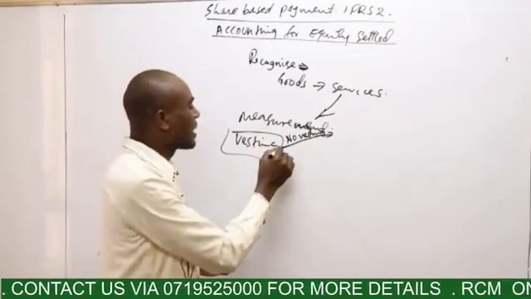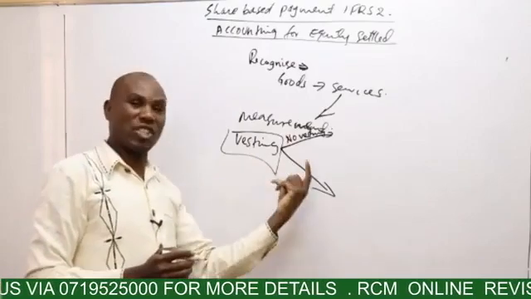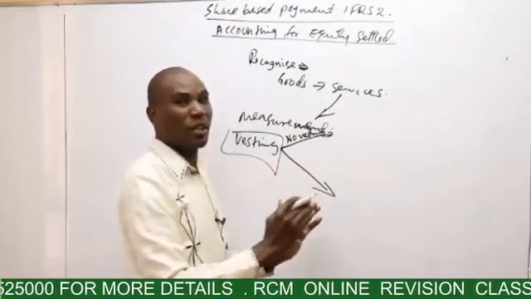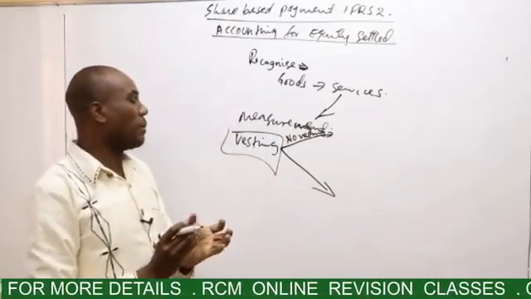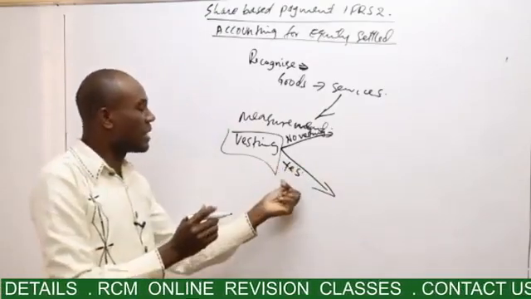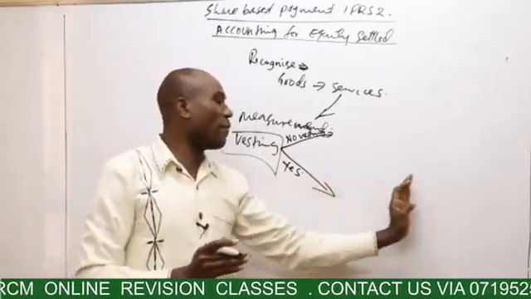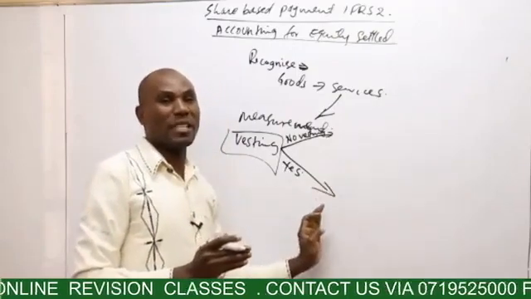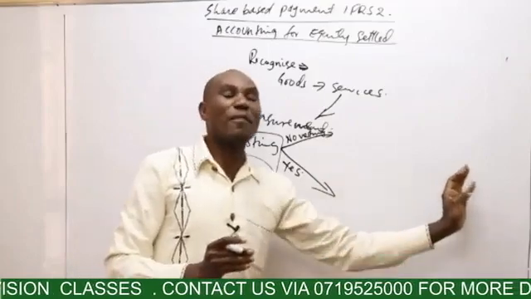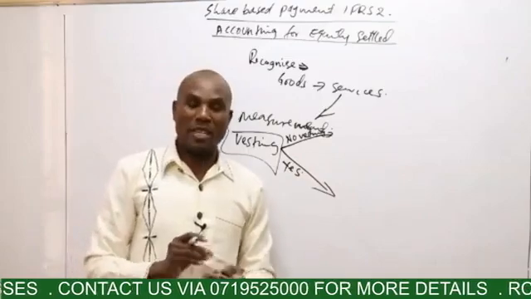But if there is any vesting condition attached to this transaction, then we recognize it over the vesting period. That expense or liability, we spread it over the vesting period. That is on measurement of this share-based transaction.